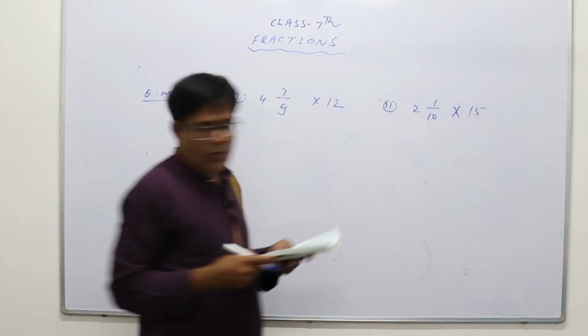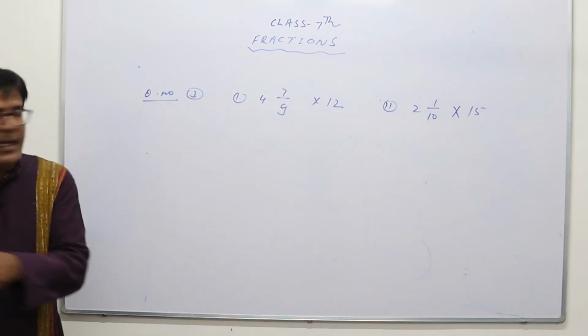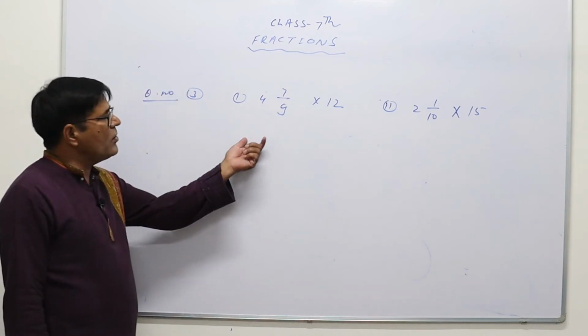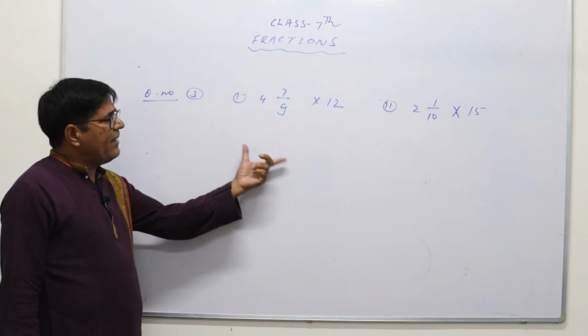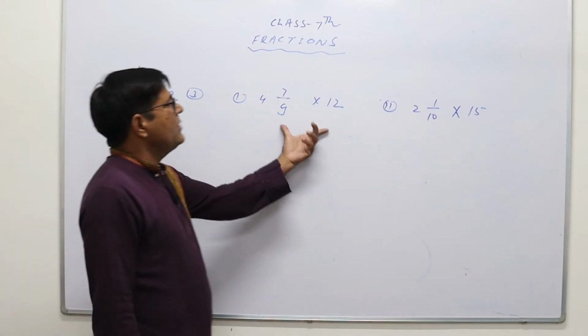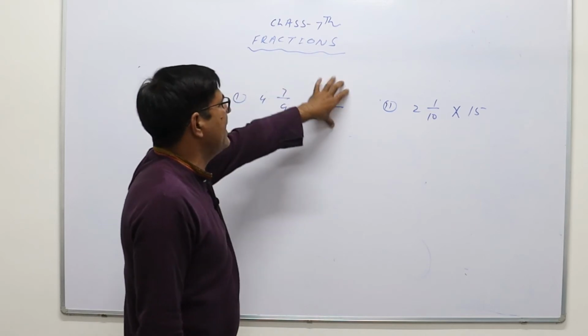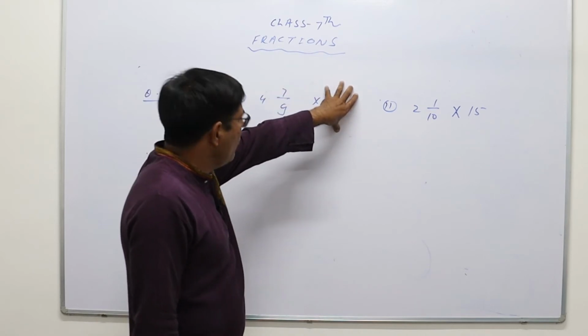So these two applications, again see. In all previous questions, the whole number was just pre-multiplied with the given fraction. In these two applications, first a mixed fraction is given, then it is multiplied with a whole number.